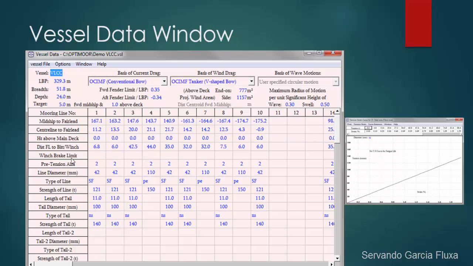So what that means, 0.3 means you have your winch here. This is the deck of your vessel. You have your winch here, and you have a bollard here, and you have a line between them. What you are saying is that OPTIMOOR is gonna move this winch in this radius, this radius 0.3, and it's gonna find the worst position of the winch, and that's gonna simulate the effect of waves.